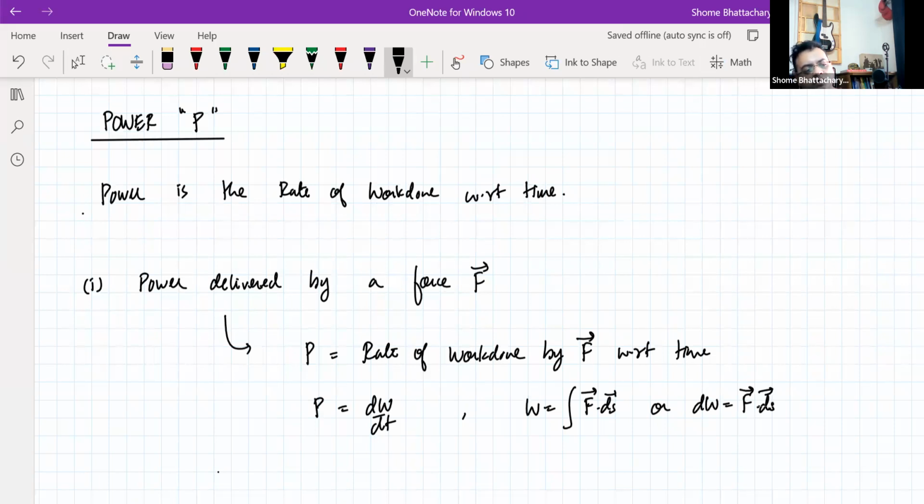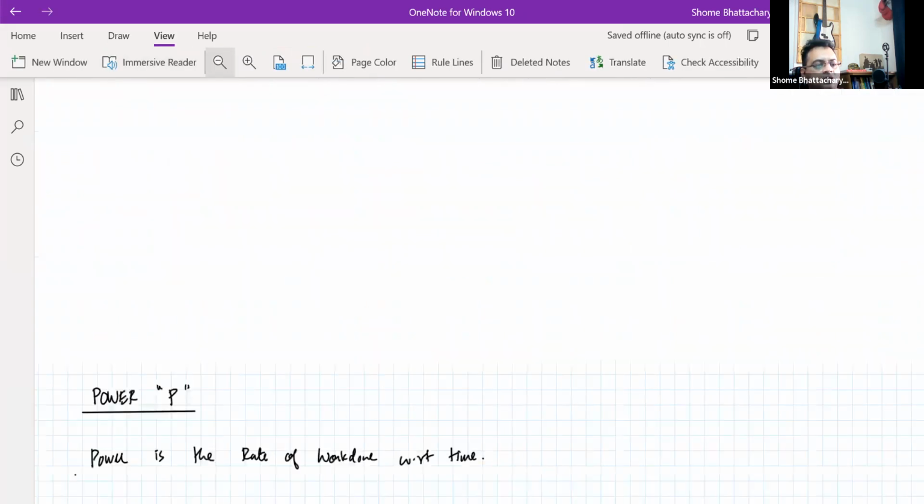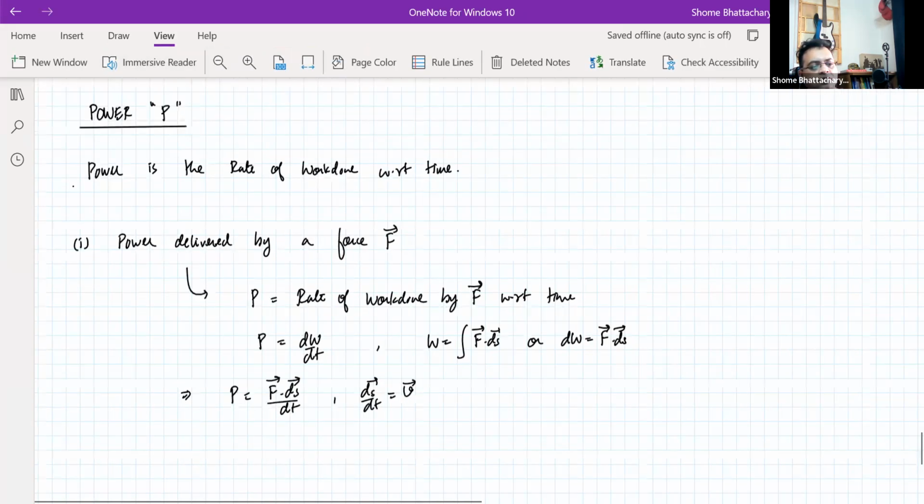Okay, so we can also see therefore that power is F dot ds by dt, and since we know that ds by dt is the instantaneous velocity, while this is the meaning of the term power in terms of definition, we also have a formula.